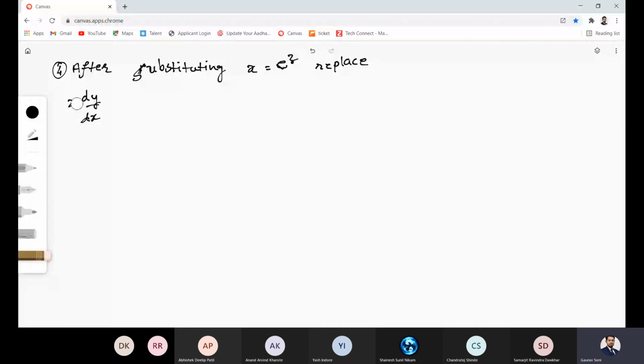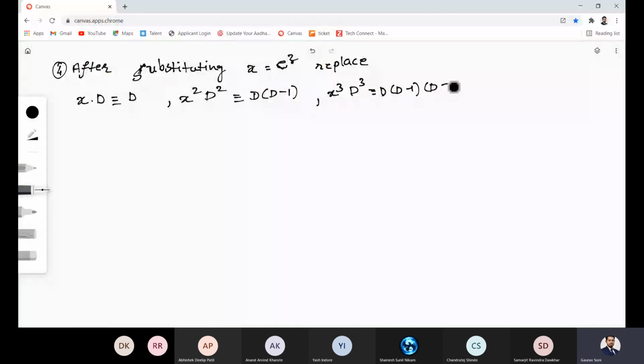X square d square will be replaced by d into d minus 1. X cube d cube is replaced by d into d minus 1 into d minus 2. X raised to 4 d raised to 4 will be replaced by d into d minus 1, d minus 2 and d minus 3. Okay, and so on.